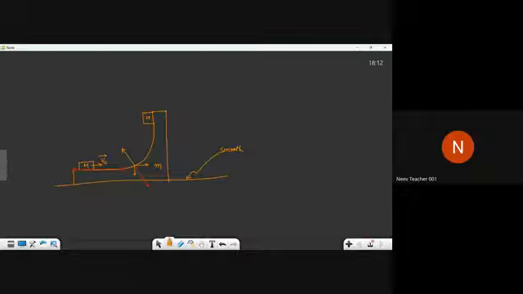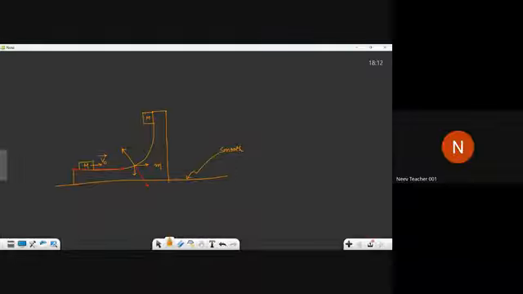And when capital M is leaving the track, mind you, they are both moving in the horizontal direction with the same component of velocity. Why? Because they are touching each other. So this is the long and short of the question.